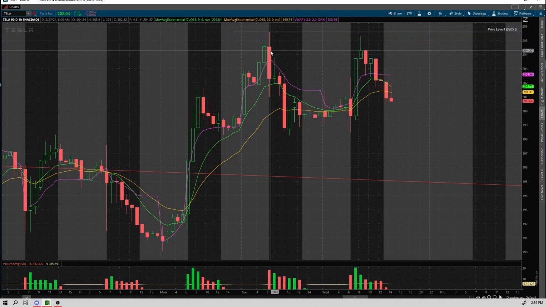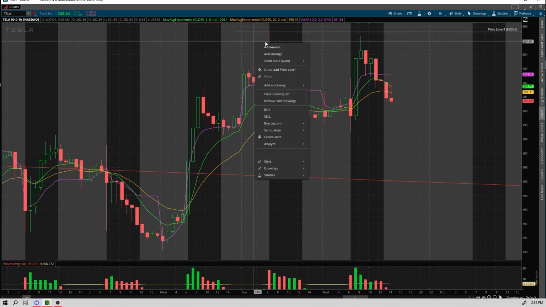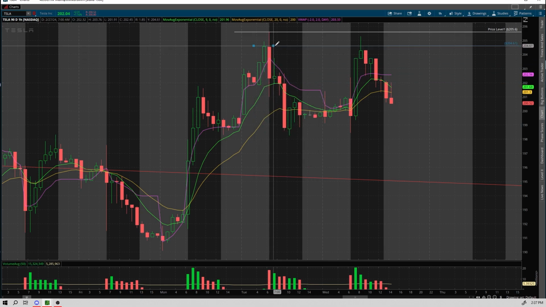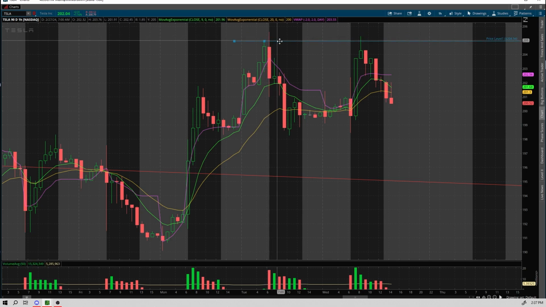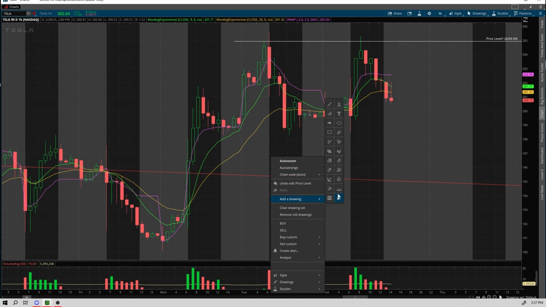I played the rejection up top, but I actually used this one instead of this high. So, you know what? Let me activate it. I used this rejection instead of this one here. And we had a nice move to the downside, okay? So now I would use that as my resistance.